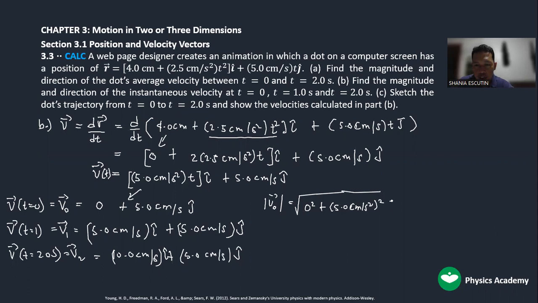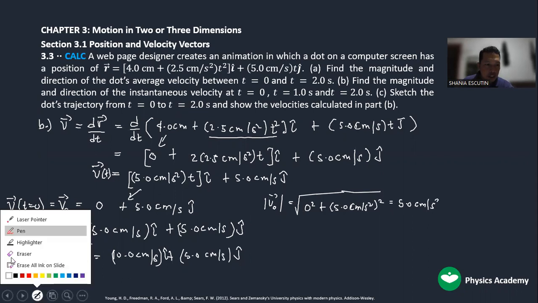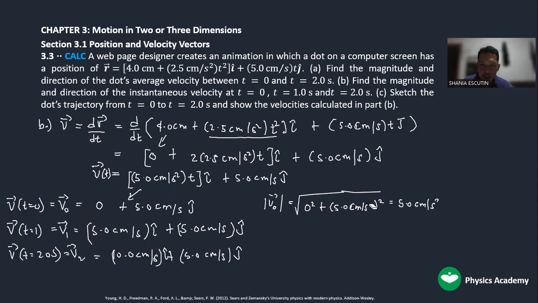So it will give us 5.0 centimeters per second. Sorry for the misconception, it's per second. Okay, centimeters per second.